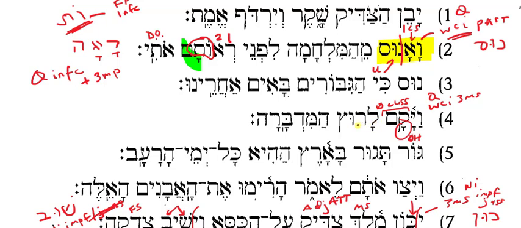La roots. What is la roots? What does that mean? Yeah, to run. So I've got the la, which is the preposition, followed by an infinitive, right? So this is another hollow verb. Remember, our hollow verbs use the qal infinitive construct for their lexical form.